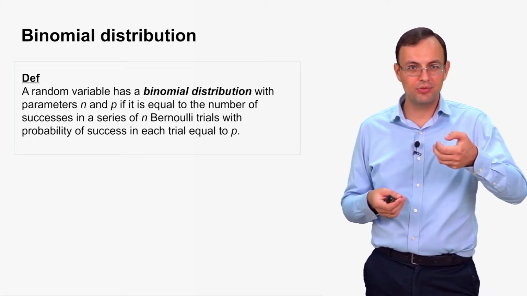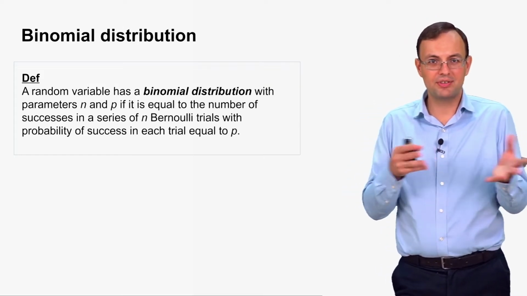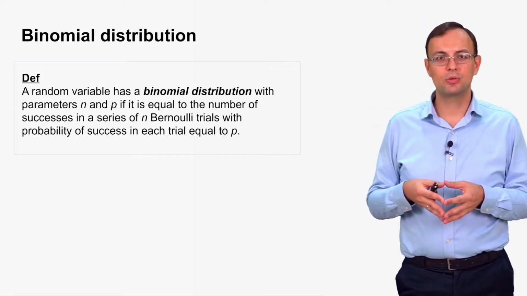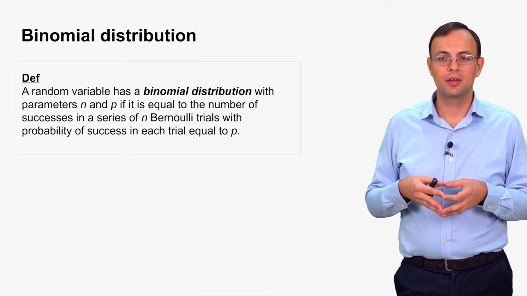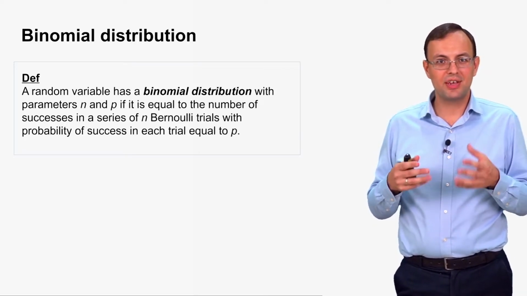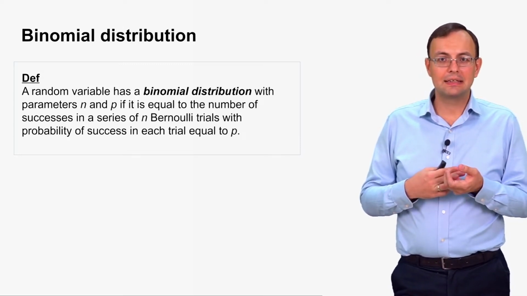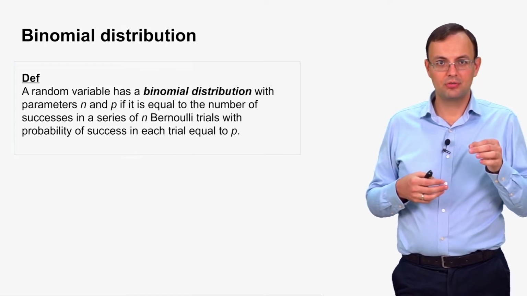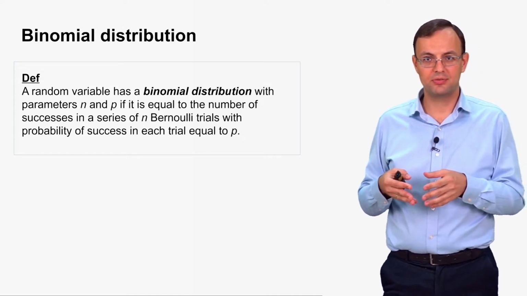Every time you do these 5 flippings, you get some of these 6 numbers. So that means that this is a random variable. And the distribution of a random variable of this kind is called a binomial distribution.